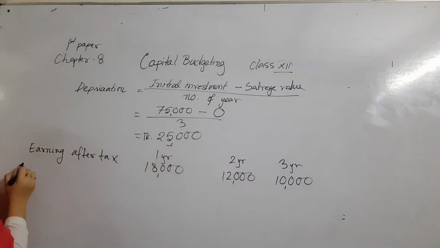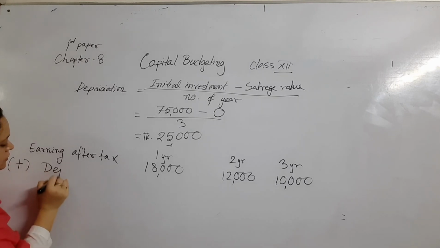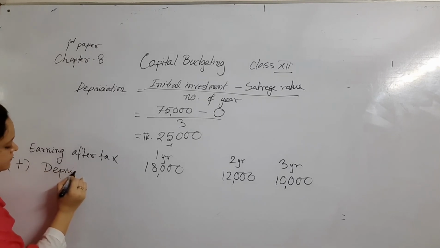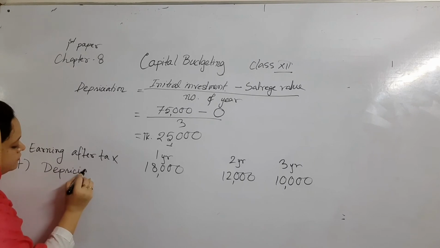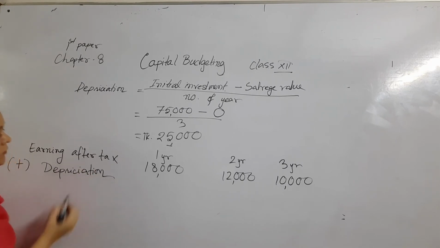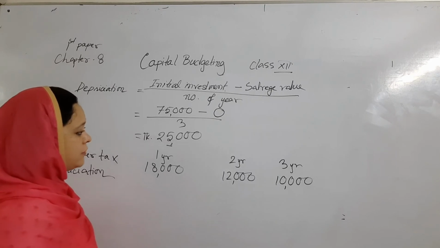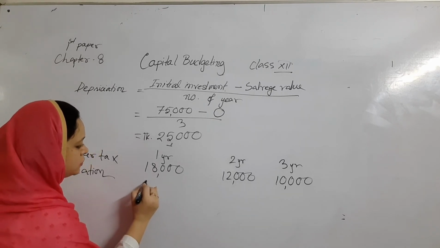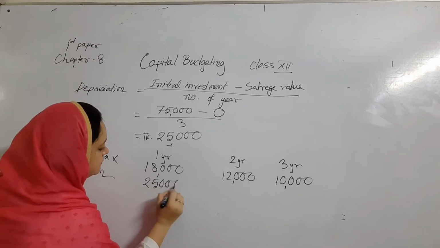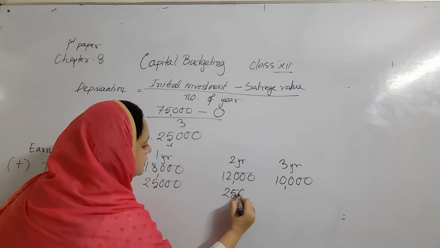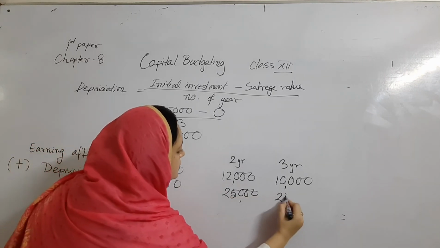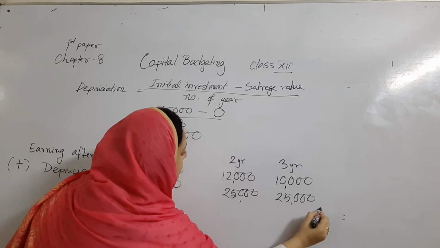And now we add depreciation. The depreciation 25,000 is the same for all years.